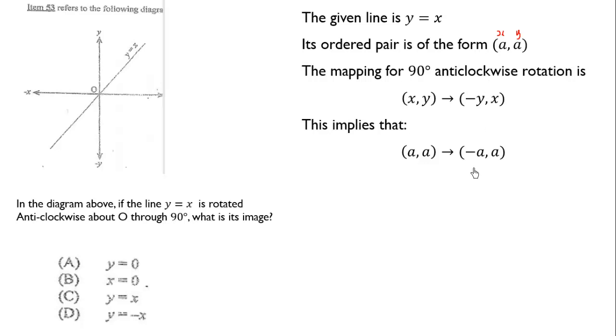So we can see that this is x, this is x, and this is y. So x equals negative a, y equals a. So for this to be equal, we need to get something like negative a is equal to negative a.